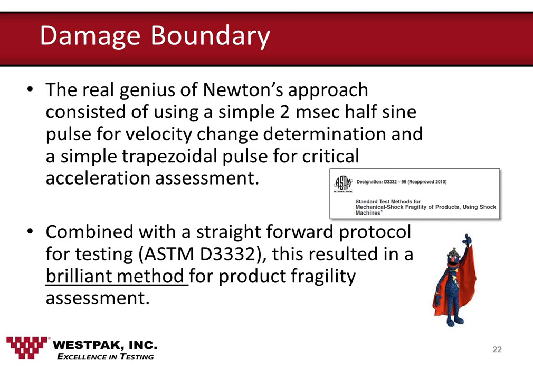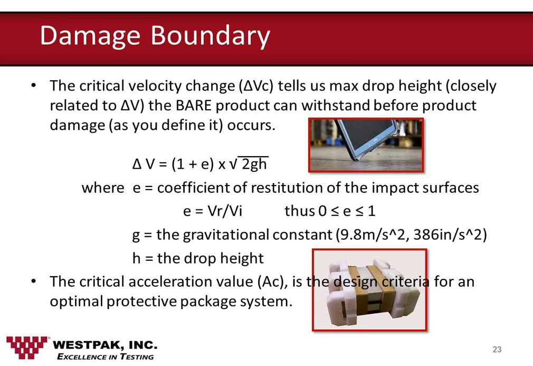If that velocity change was likely to be exceeded during product use or distribution environments, then modifications were necessary in the product design, or a protective package was necessary for shipment of the product, where the ruggedness of the product did not meet the demands of the distribution environment.